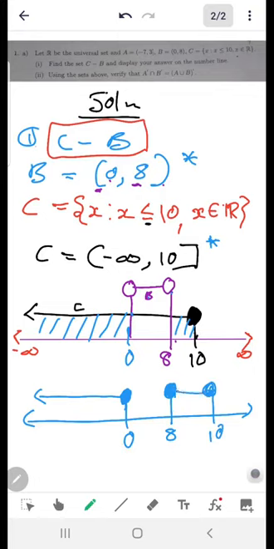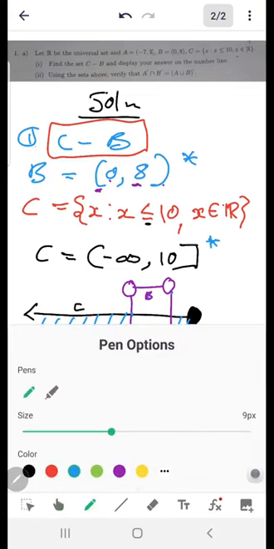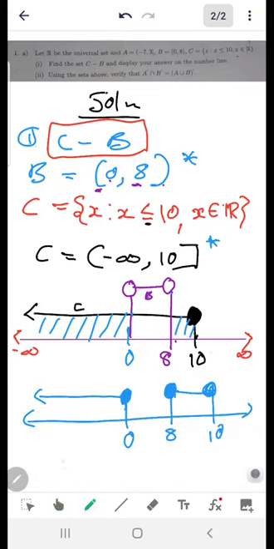So what's our answer? Our answer, we just simply interpret this, whereby we are going to say C minus B is equal to, we'll say, open negative infinity, comma, 0, closed bracket. Okay, this side is open, and 0 is part of the answer, and it's going to negative infinity.